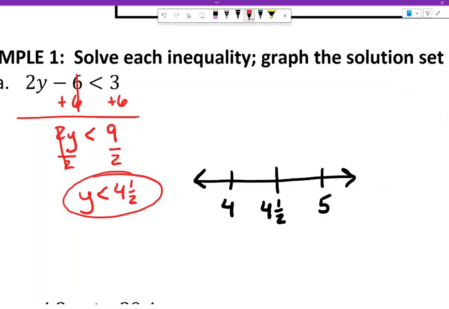Now for our graph, we want to show that our graph starts at 4.5, so we have a circle on 4.5. Since it's a less than symbol, not less than or equal to, we'll leave it open. And because it's less than, we shade to the left. All the numbers that are less than 4.5. Be sure to shade in the arrow because that shows that this goes on forever.